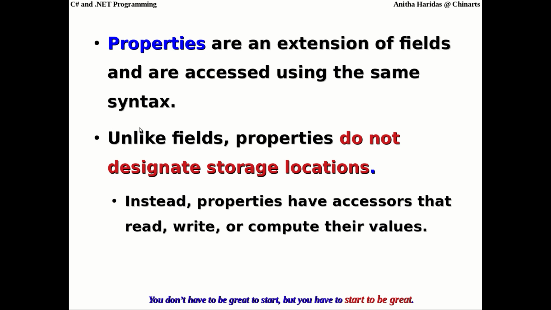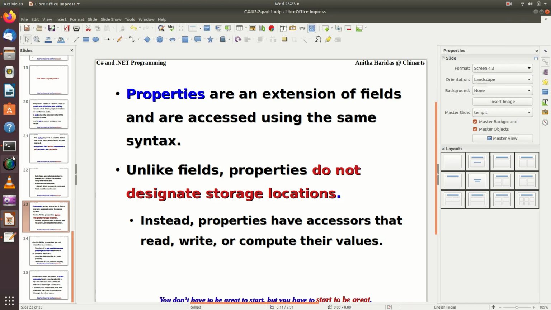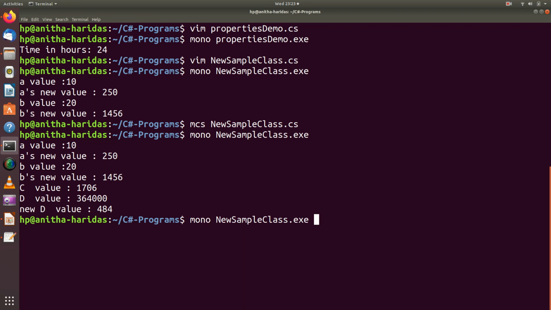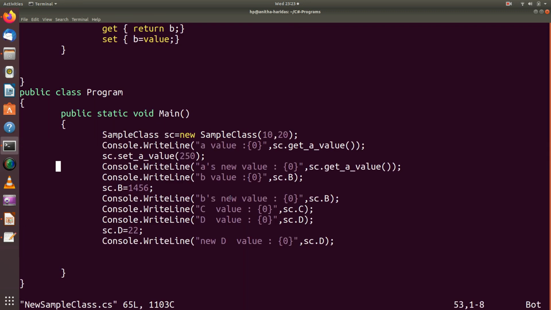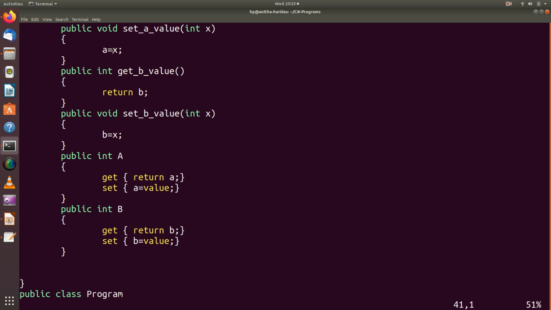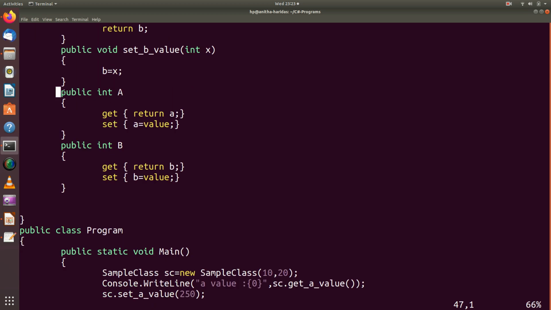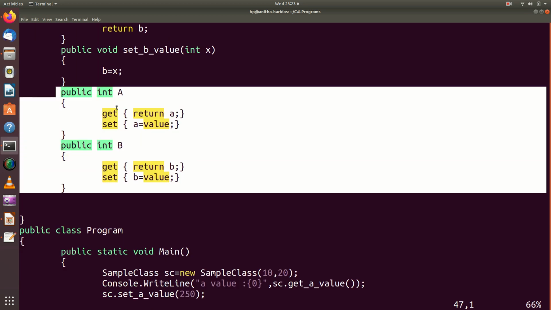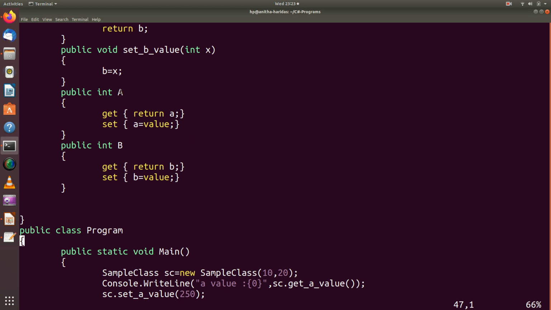If you want, let us go to the example. Let us open the example. These are the two private members. For these private members, memory will be allocated. For managing this a and b, I am declaring two properties, capital A and capital B. So capital A is an extension for managing small a.